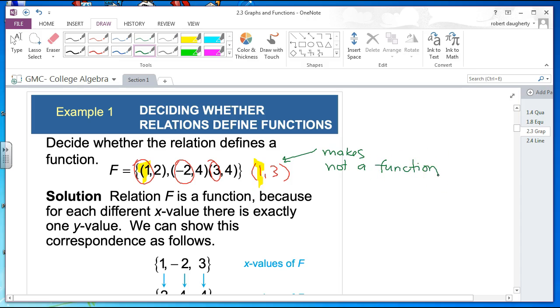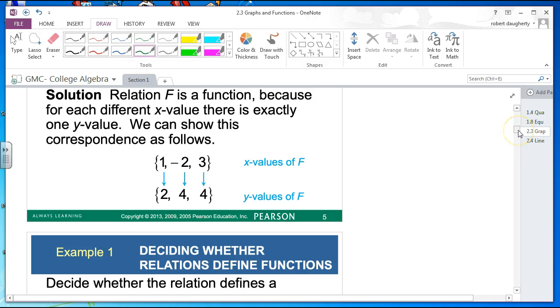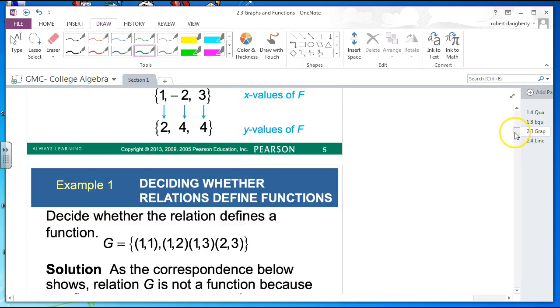When you look for a function, you're looking to see, are the x values all unique? That guarantees that you're getting unique y values. If the x values are not unique, that means you're getting two different y values for the same x, which makes it not a function. So the case we just did, yes, this is a function.